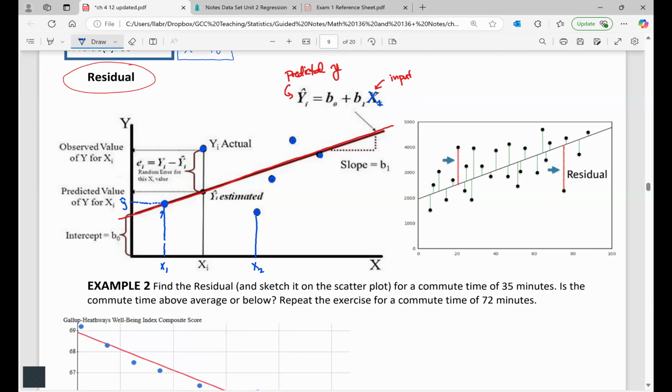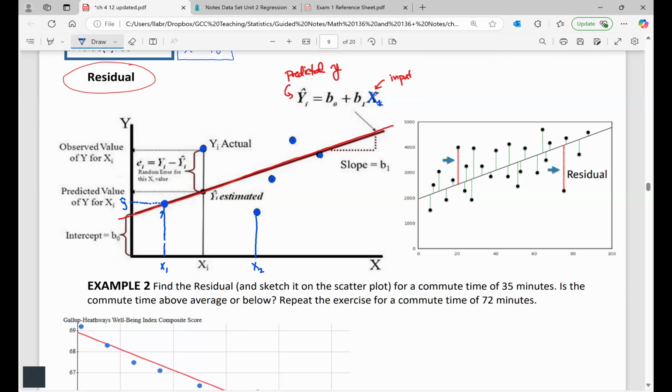Throw that into StatCrunch or using a calculator, we find the value is 67.35289, keeping 5 decimals. So now that we have the predicted value, that tells you the height that the line should be at. And you can more or less visualize this. So that's the height on the line.